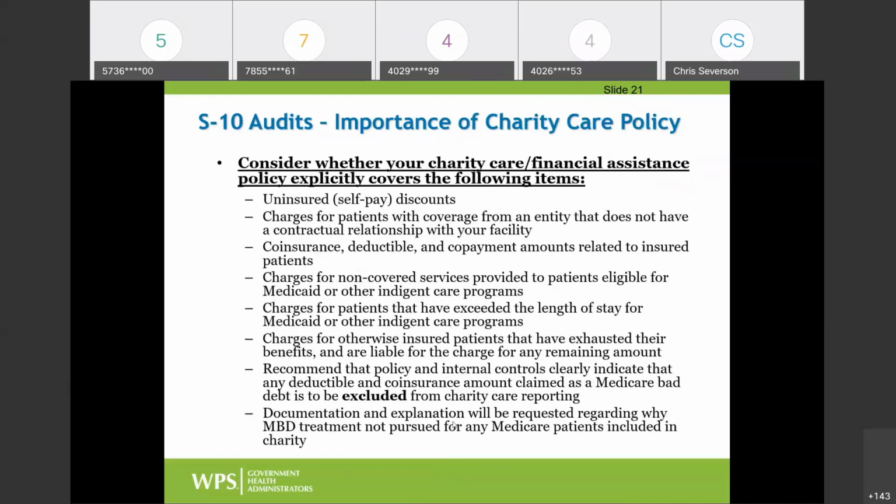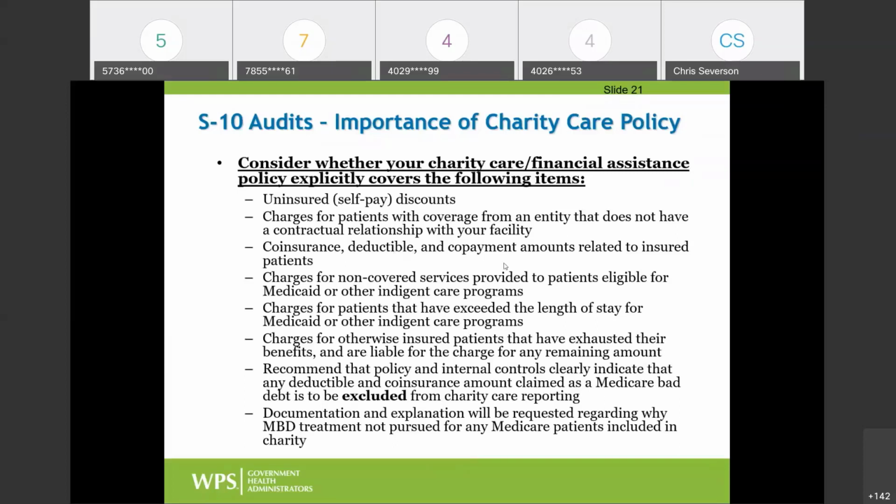If so, clearly state that in your policy. And how about charges for patients with coverage from an entity that does not have a contractual relationship with your facility? So if the patient is technically insured, but you don't accept that insurance, you don't have a contractual relationship, if you allow those charges to be considered charity care, just clearly state it.